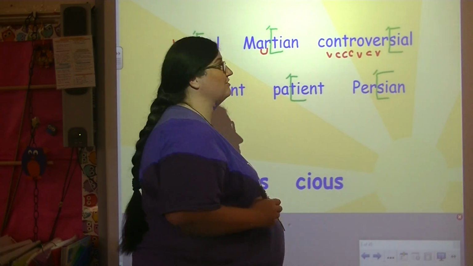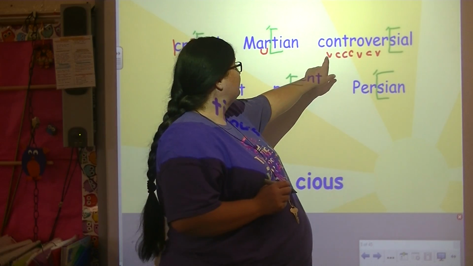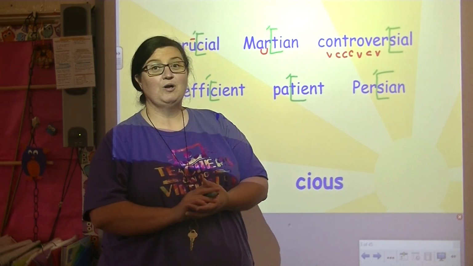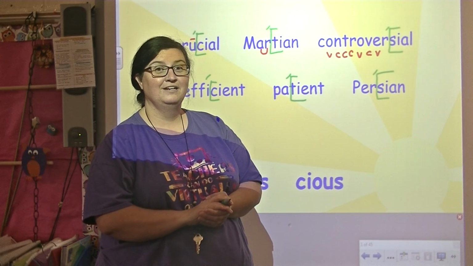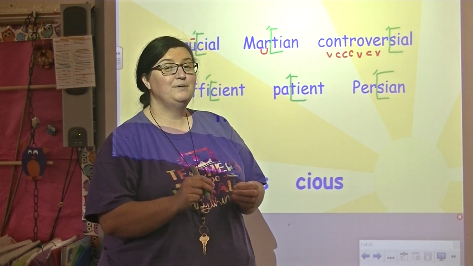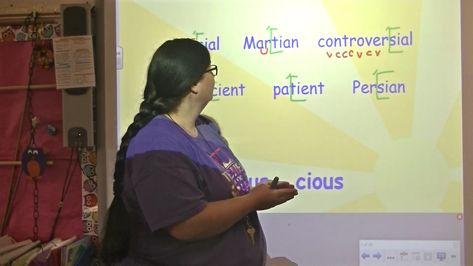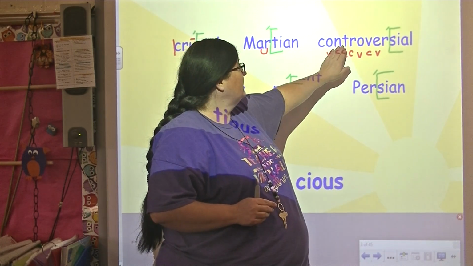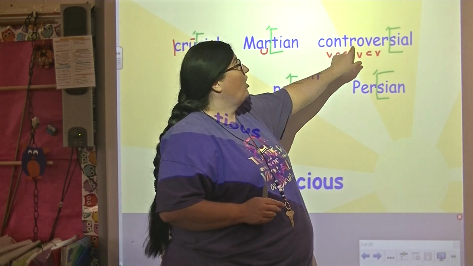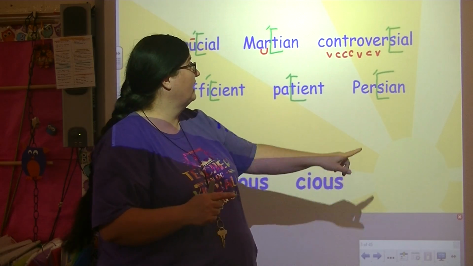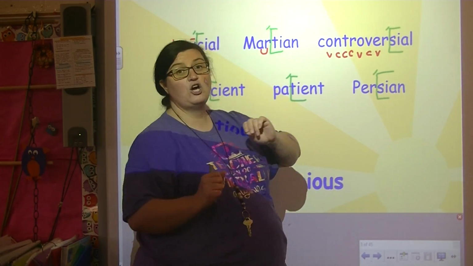Alright. So, it's time for Miss Fires to divide. If it is vowel, consonant, consonant, consonant, vowel, do you remember where we divide? You divide between the consonants that are not connected. Alright, so in this word, TR is a blend that goes together. So I can't divide between TR.